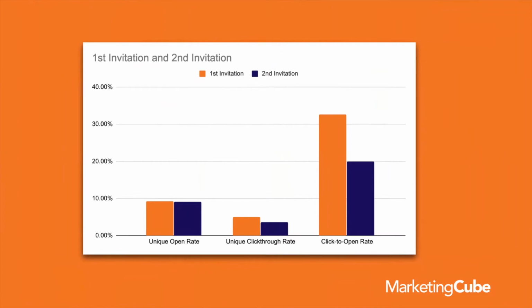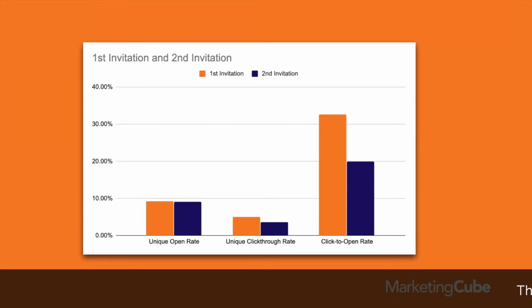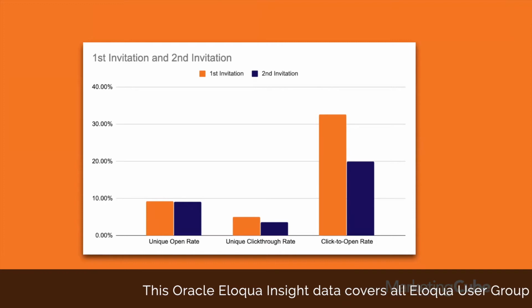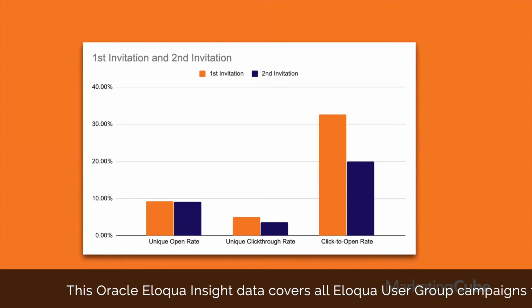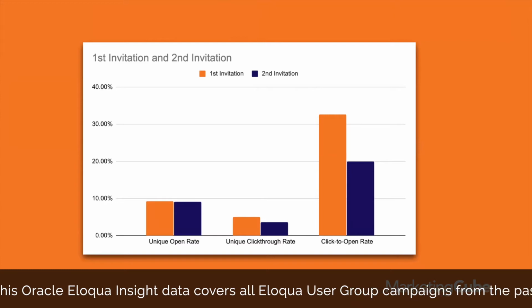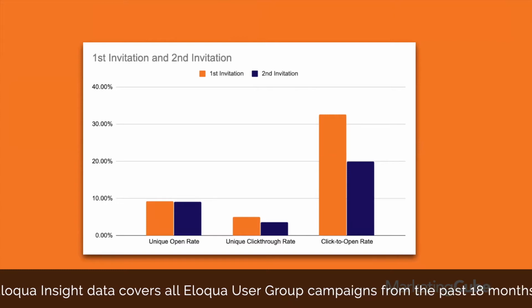So what I've got here is looking at the first and second invitation, and you can see the first invitation generally performs best. However, you'll see that the unique open rate on the second invitation is almost the same as the first, and the click to open rate on the second invitation is at 20%.